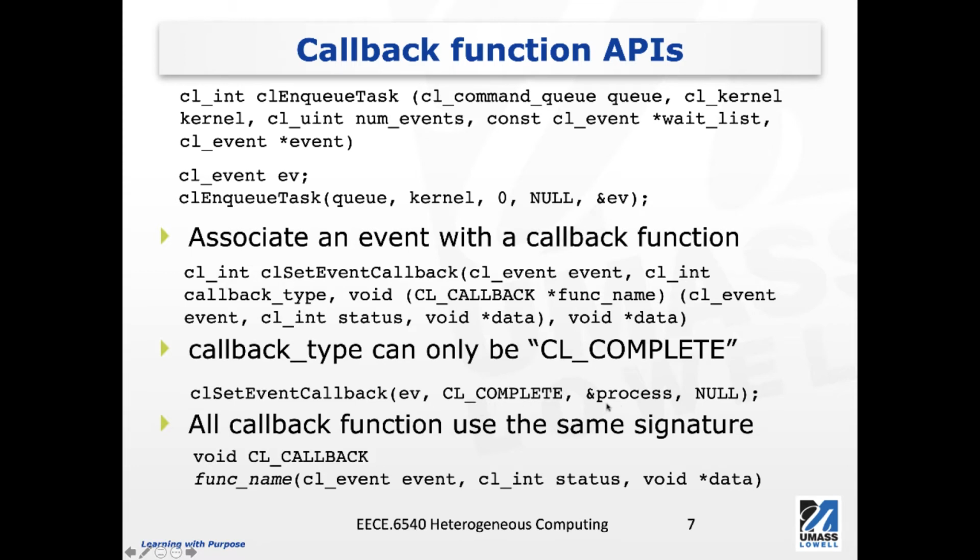Then process is the entry point of the callback function, and we do not pass in any data, so that's going to be NULL. All the callback functions use the same signature, so it is void CL_CALLBACK with the function name, and then it takes three arguments: the event, status, and then the data.